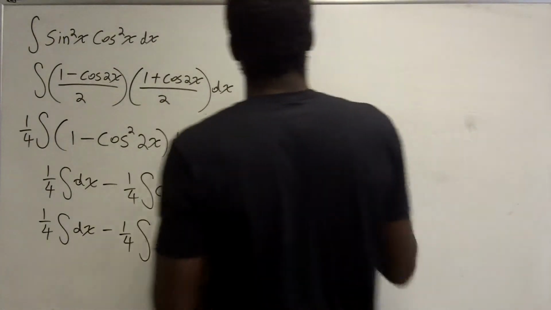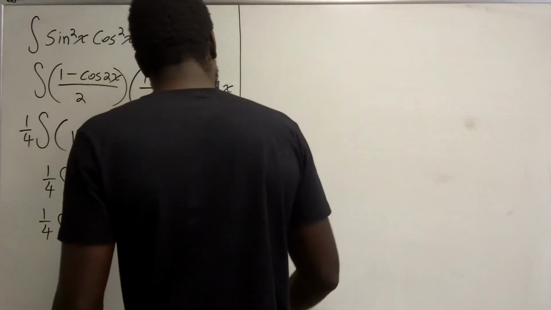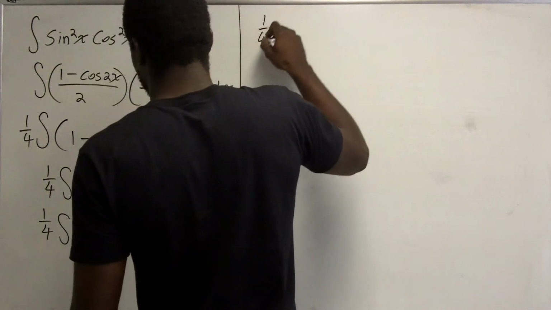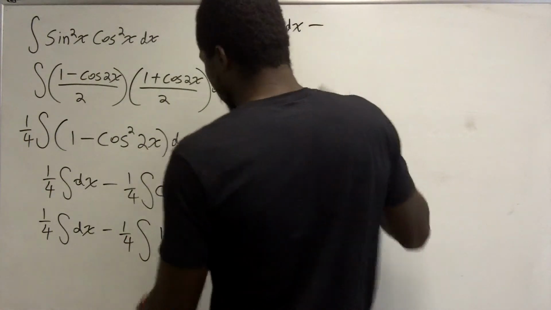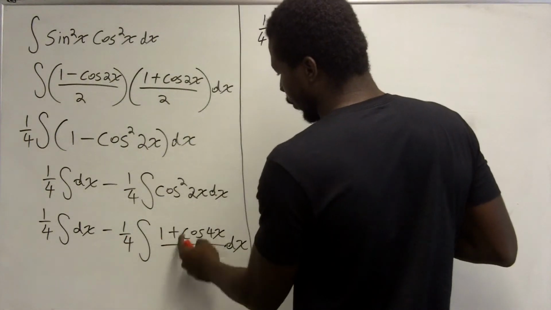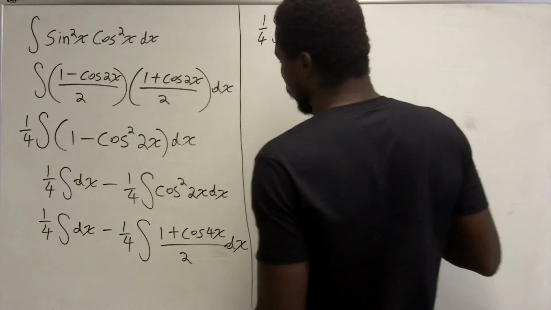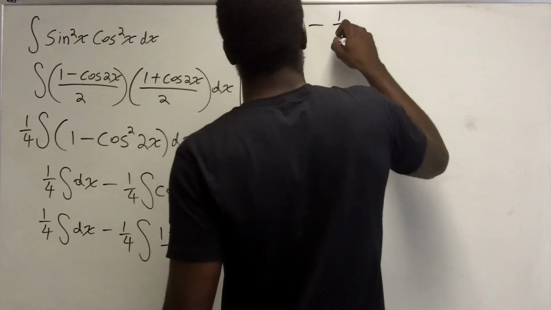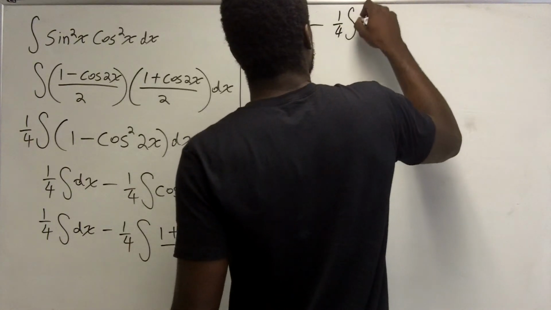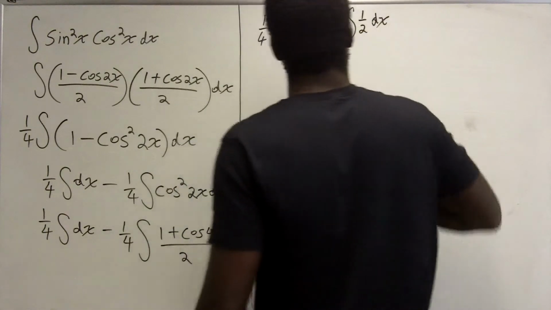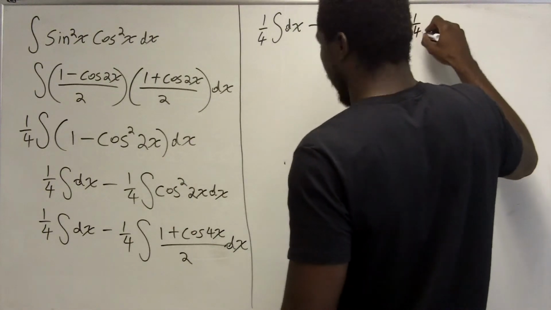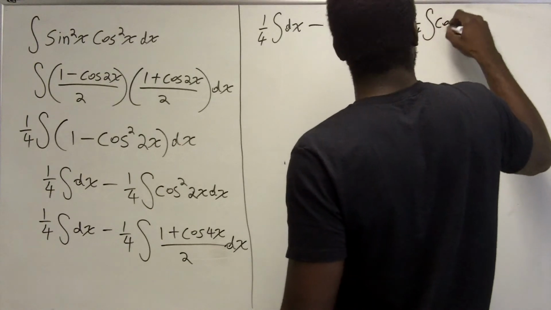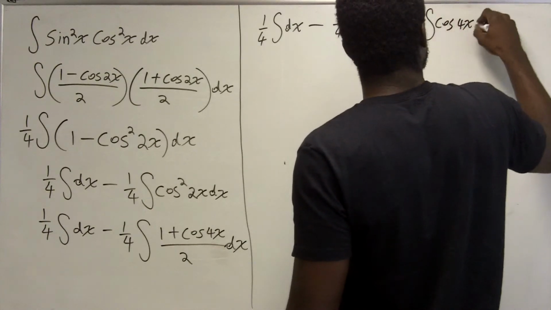The first integral is going to be relatively easy to do. Then minus, I'm going to split this up into two terms, 1/2 and the cosine of 4x over 2. So it's going to be negative 1/4 times the integral of 1/2 dx, and then minus 1/4 times the integral of the cosine of 4x dx.